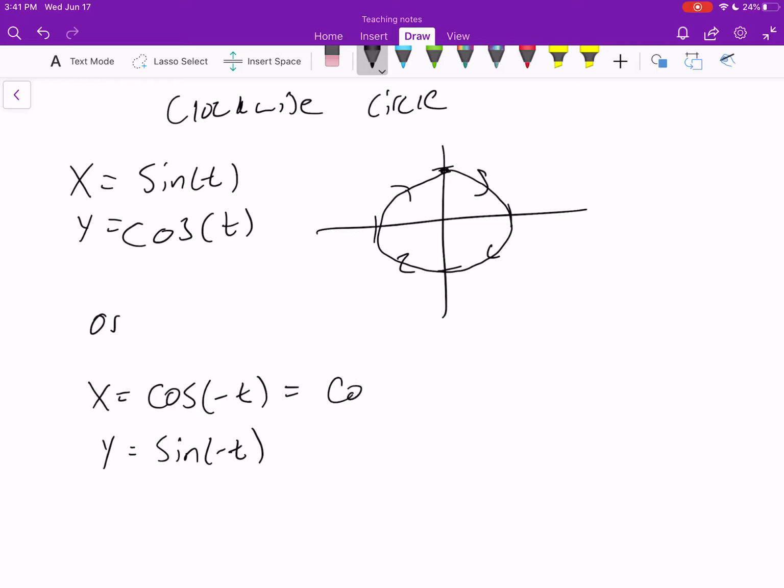Because cosine is even, this is just cosine of t. Because sine is odd, this is minus sine of t. So this will give you another clockwise parameterization. There are some shifts you can do, and that's going to cover that. So, we talked about graphing, circles are important.